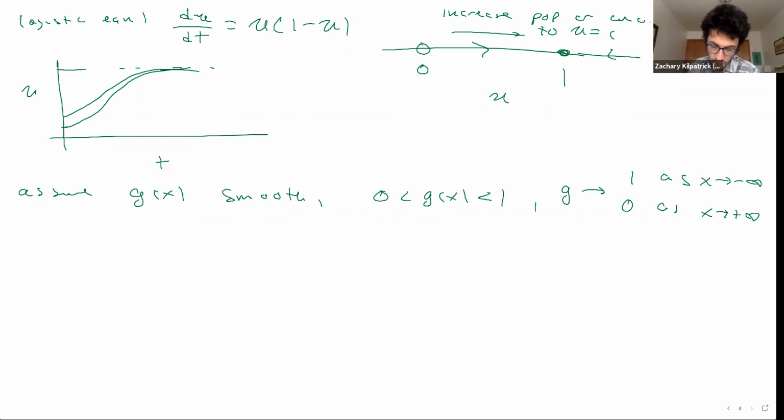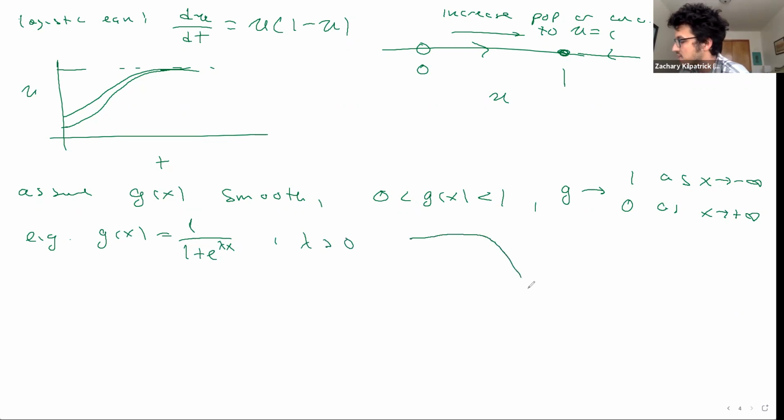Okay, fine. All right, so for example, let's take for simplicity g of x equals 1 over 1 plus e to the lambda x, and lambda will sort of control the steepness of this. Lambda is greater than 0, and we'll just go ahead and set up really an invading front.